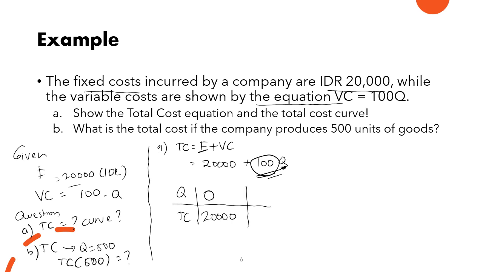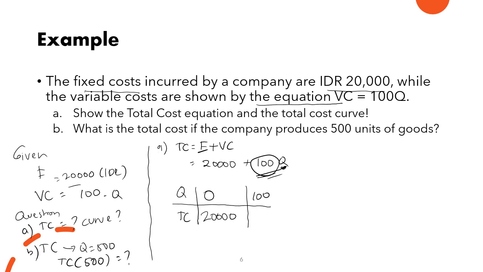Okay. What next? I don't want to put TC as 0 here, because that will give me negative Q. So I will say Q is 100.